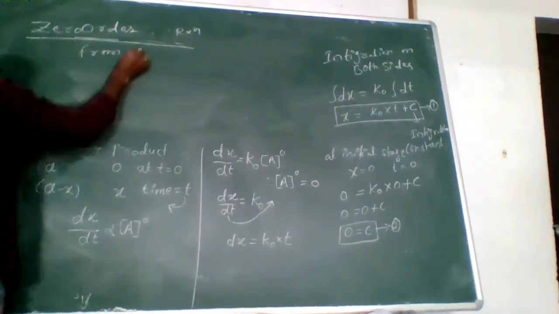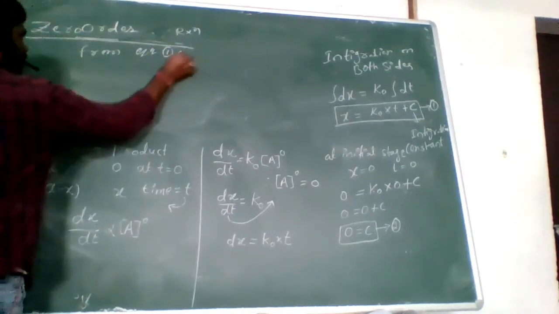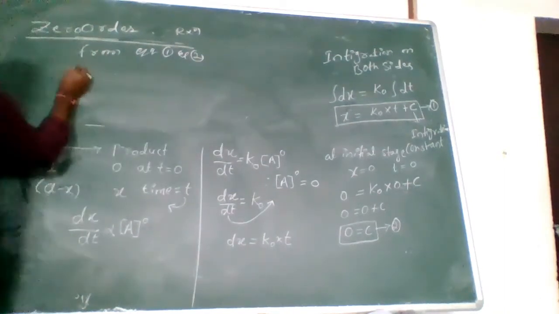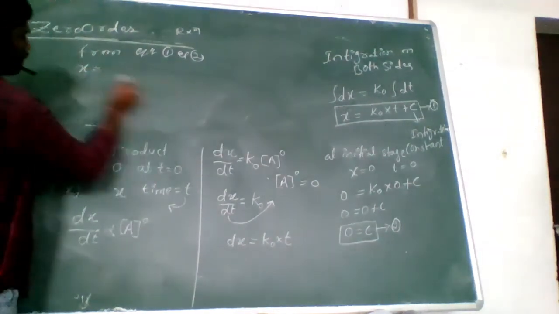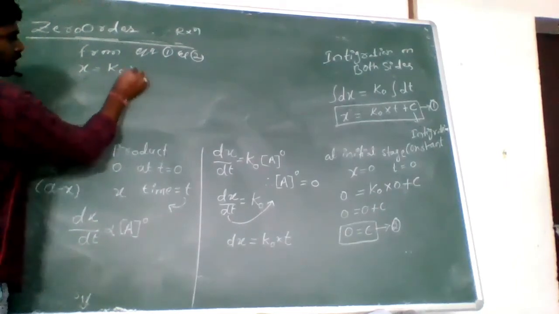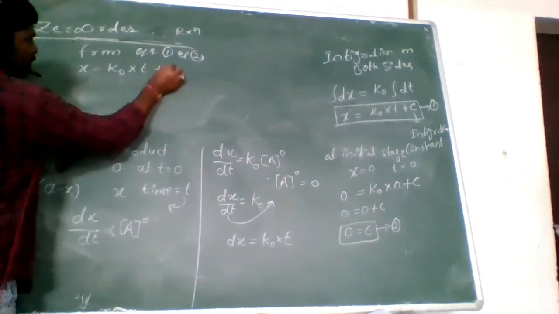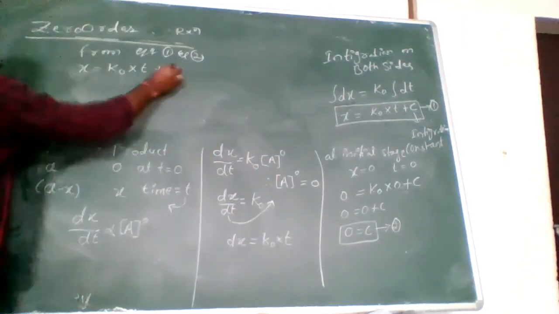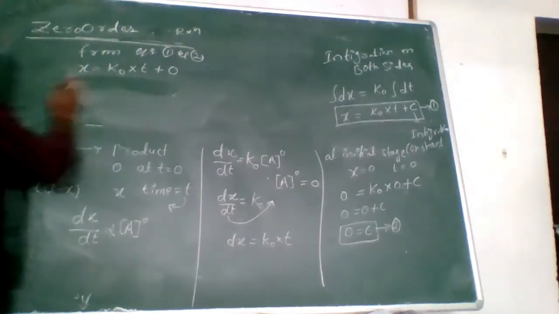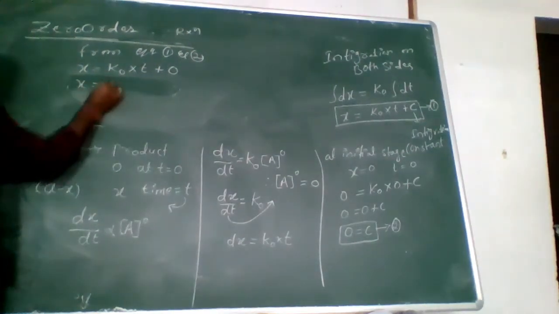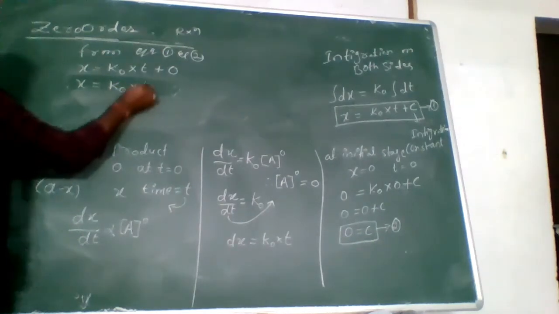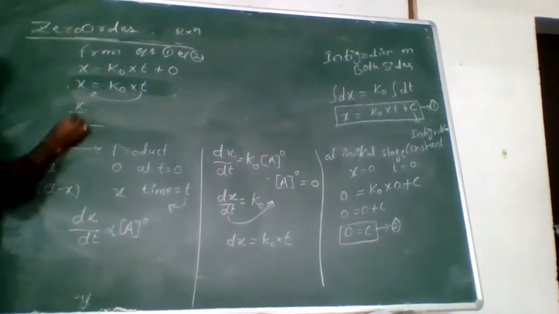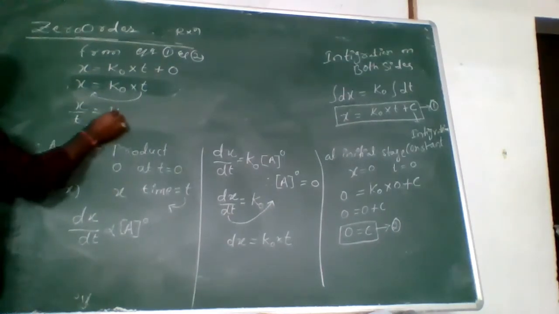From equation number 1 and 2, what is there? x equal to k naught into t plus 0. C equals 0 now. So in place of c, put 0. Now what remains is x equal to k naught into t. Move t to the other side of the equal sign. How can we write it? x by t is equal to k naught.